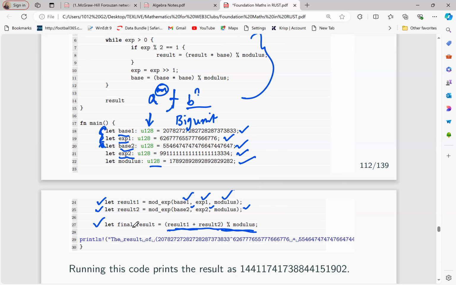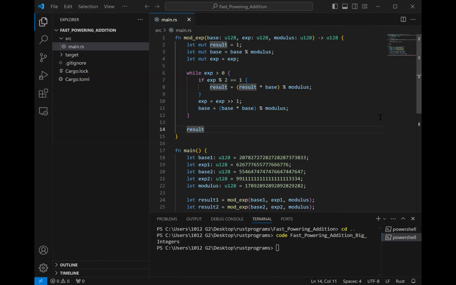I would wish to share the code and we try to run it so that we see that it runs. Okay. Yeah, it is.